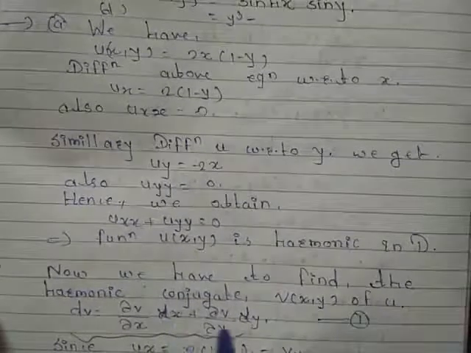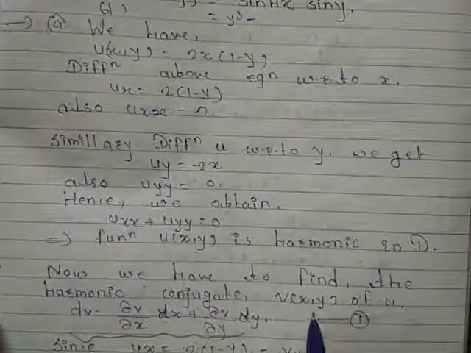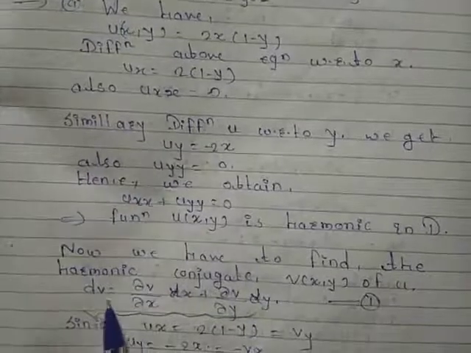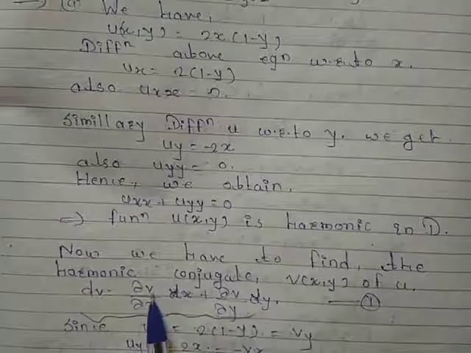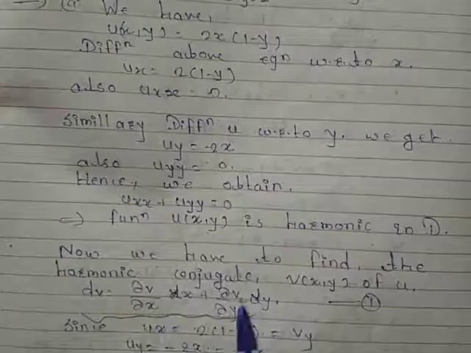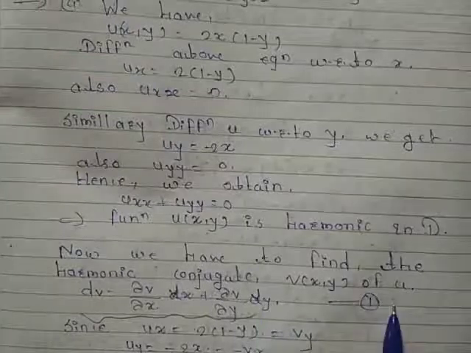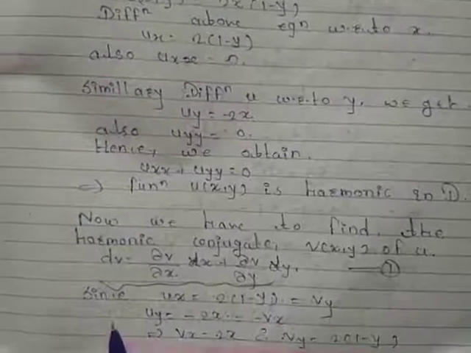Now we have to find the harmonic conjugate v(x,y) of u. For this consider dv = ∂v/∂x dx + ∂v/∂y dy. Call this equation 1.